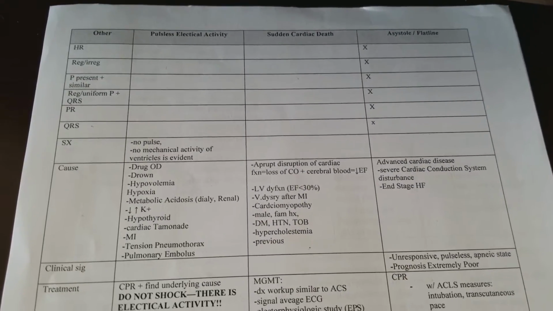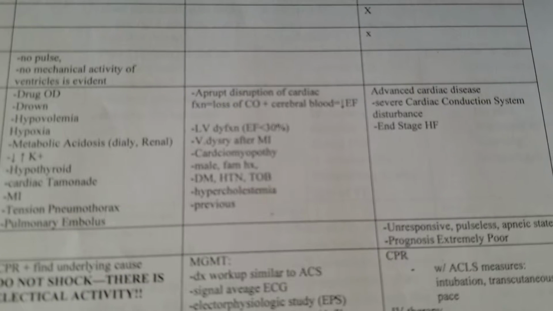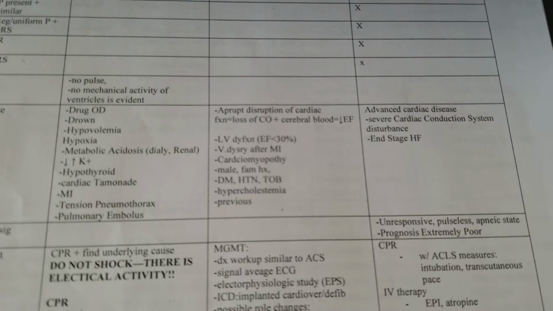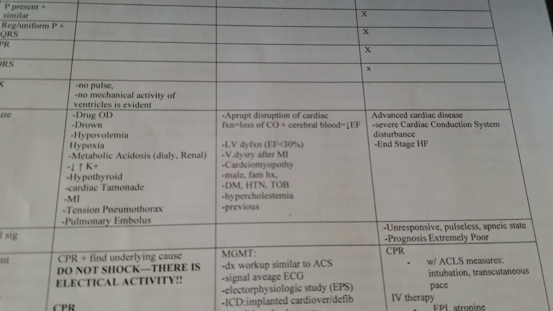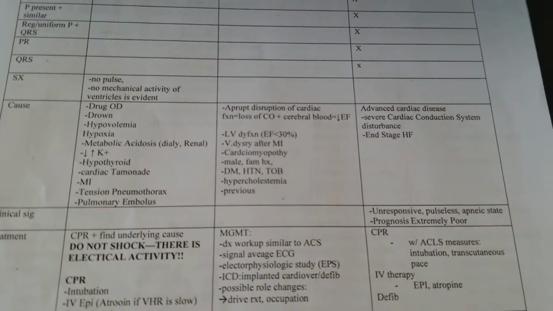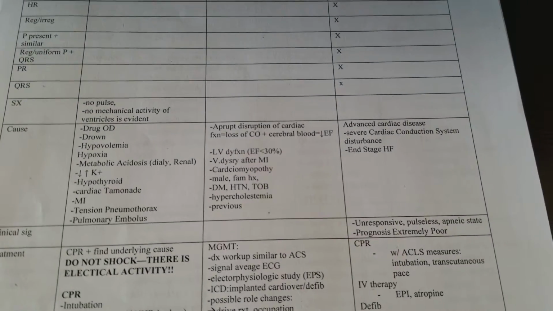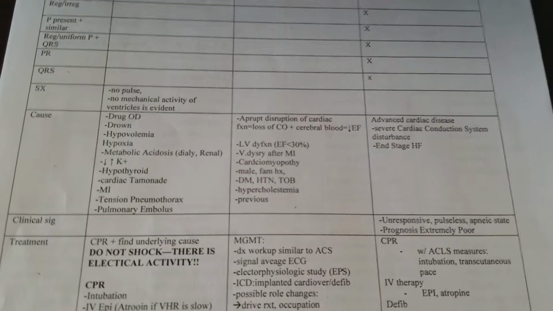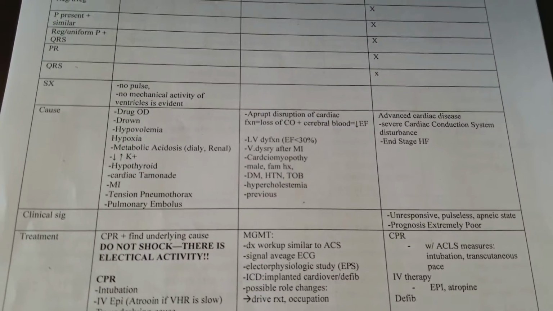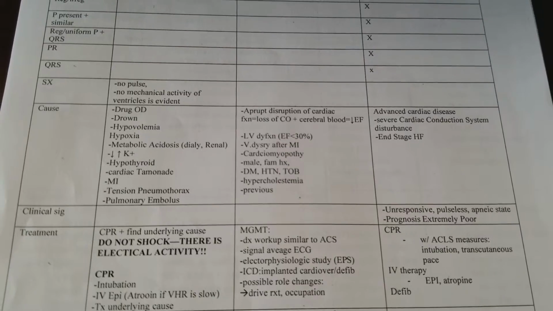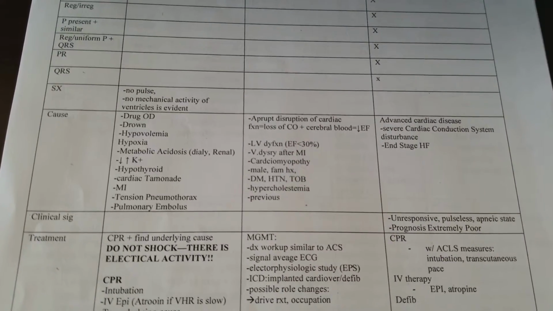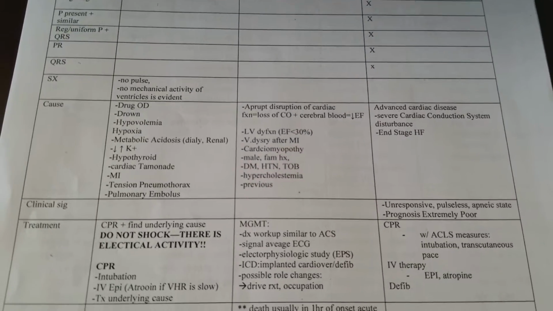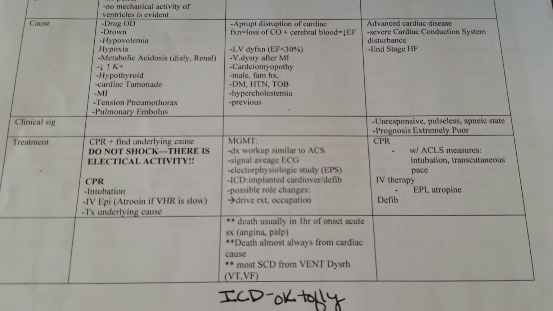Okay, then we have sudden cardiac death. Basically, the cause is abrupt disruption of cardiac function and loss of cardiac output and cerebral blood flow, so low ejection fraction. Left ventricular dysfunction and ejection fraction of like 30%. Risk factors are ventricular dystrophy after an MI, cardiomyopathy, diabetes, hypertension, high lipids, and if you've had a previous sudden cardiac death and survived it.